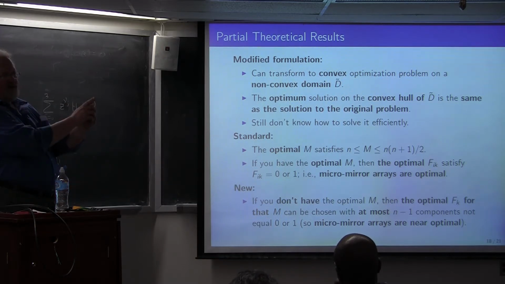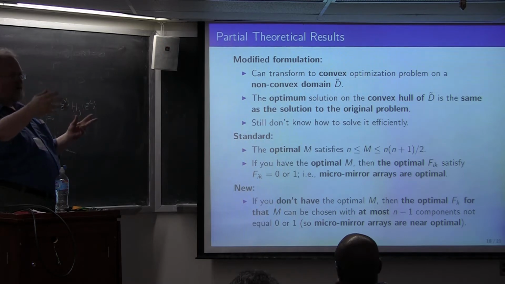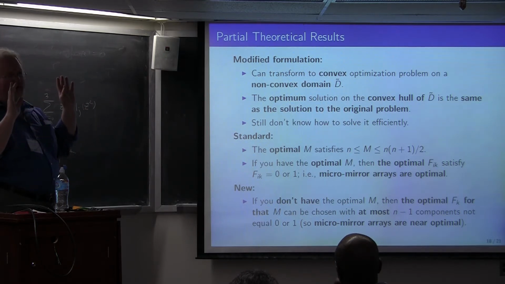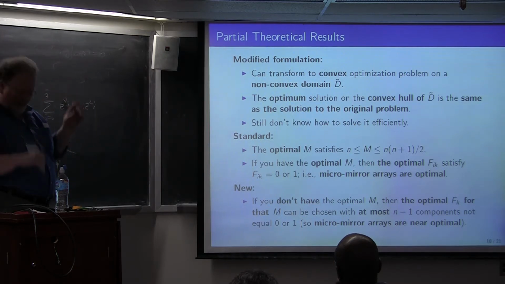So if you have 2 chemicals, you can use micromirror arrays everywhere except maybe one thing, the optimal thing is between 0 and 1. If you have 3 chemicals, maybe 2 are between 0 and 1. So we just set them to 0 or 1. That's what we do.